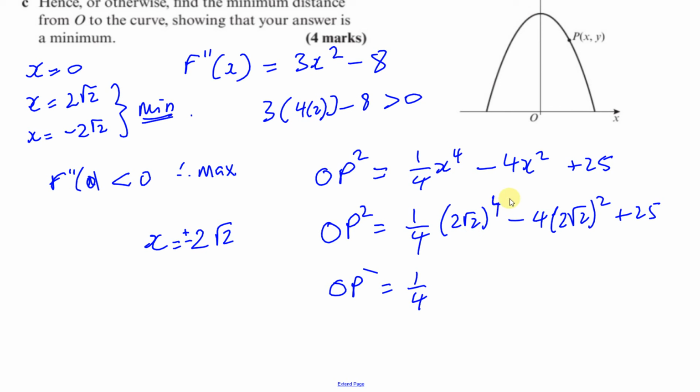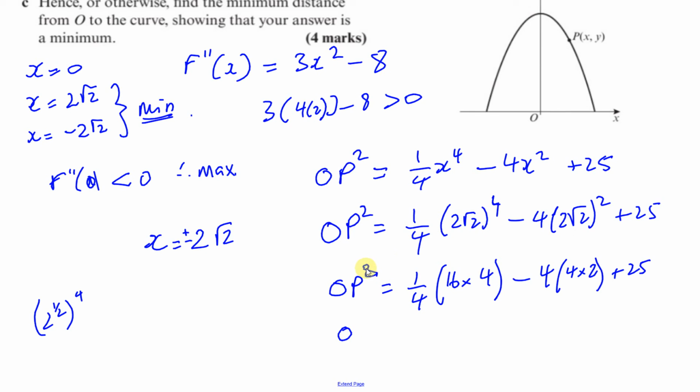Now 2 to the power 4 is 16, and root 2 to the power 4, well, that's like 2 to the power of a half raised to the power of 4, so it's 2 squared, which is 4. Minus 4 times, 2 root 2 squared is 4 times 2, plus 25.